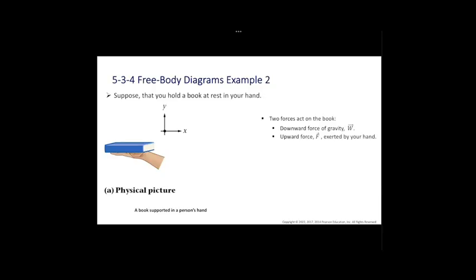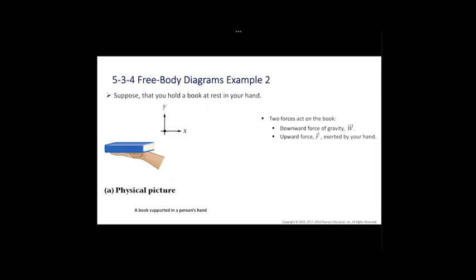Two forces act on the book. The first one is the downward force due to gravity, W, which is equal to mg, and since the book is at rest, there should be another force acting on it, otherwise it would fall down. That is the upward force F exerted by your hand.